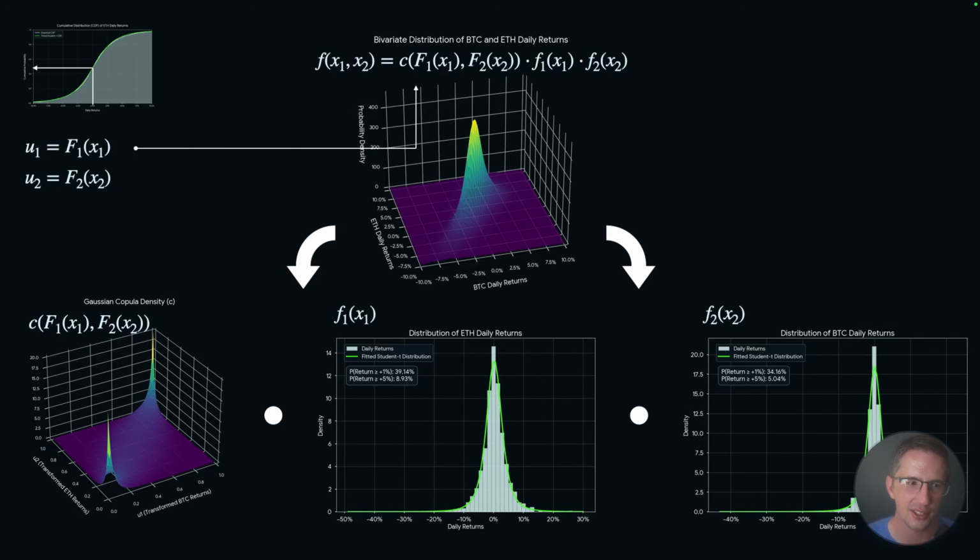You look on the x-axis and you follow along to the left, and then you get a number between 0 and 1. So as long as you can scale Ethereum between 0 and 1 and Bitcoin between 0 and 1, you can fit this copula. And by the way, this is all fitting within something known as Sklar's theorem. We know we can do this because of something known as Sklar's theorem.